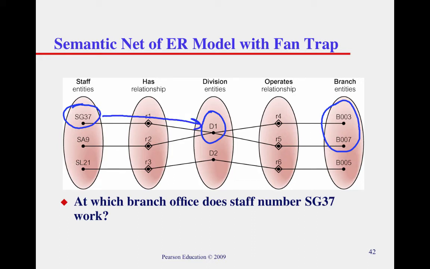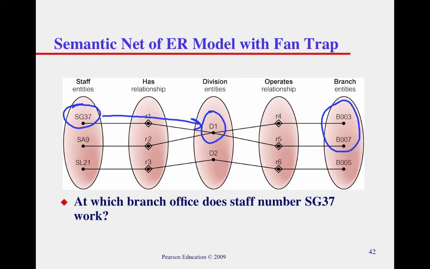But you have no way of knowing which branch staff member SG37 belongs to, because divisions become a choke point. And the information has basically, at that point, been thrown away.